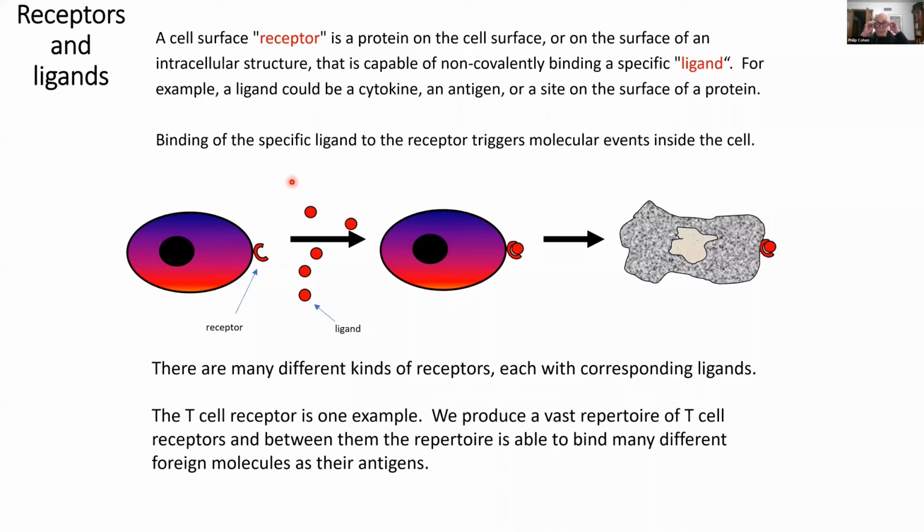So the concept is receptor on the surface, and something binds to it. The term ligand is the general term for something that binds to a receptor. And there's a whole class of ligands called cytokines. Cytokines are small molecules that are really signaling.